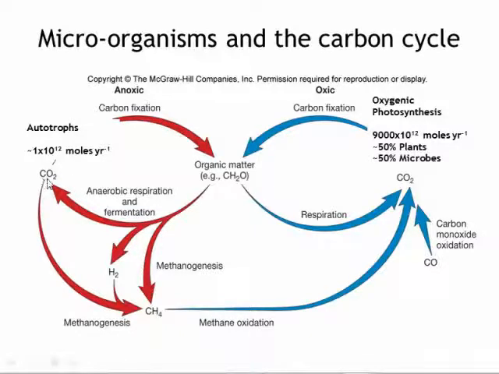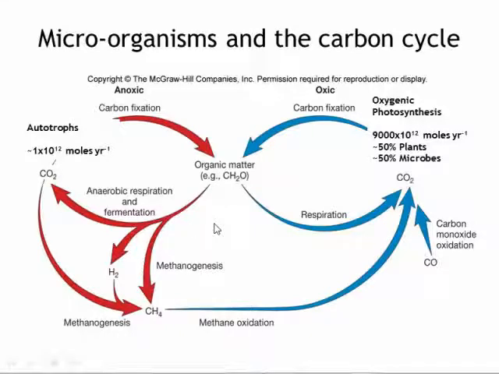Atmospheric carbon dioxide can be fixed into carbohydrate, and then heterotrophs are going to use up the carbohydrate, oxidize it to carbon dioxide, either by respiration or anaerobic respiration and fermentation. So this side here is in the presence of oxygen, and this is in the absence of oxygen.